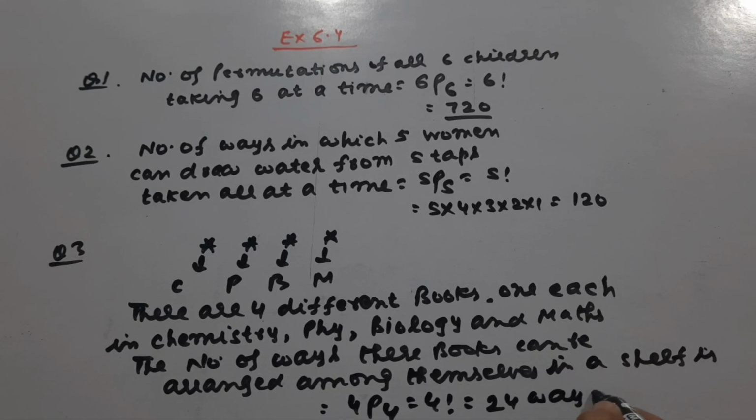So students, it means there are 24 ways in which 4 different books can be arranged in a shelf.